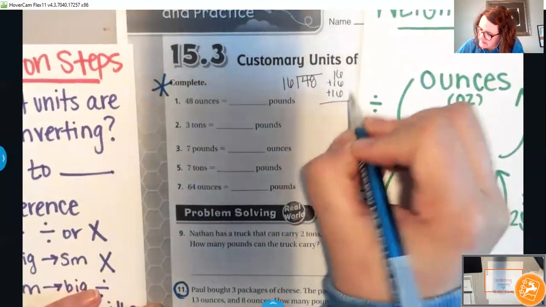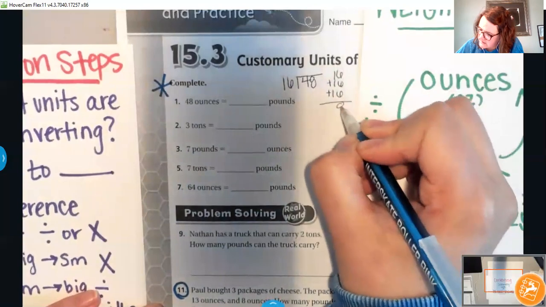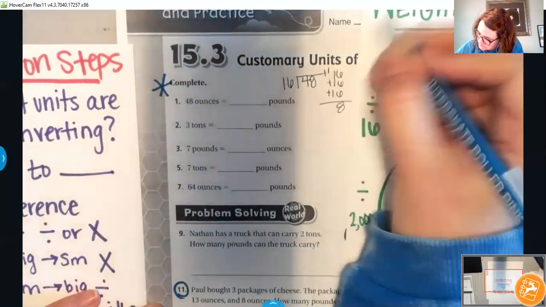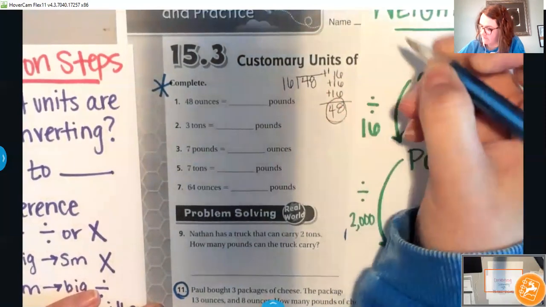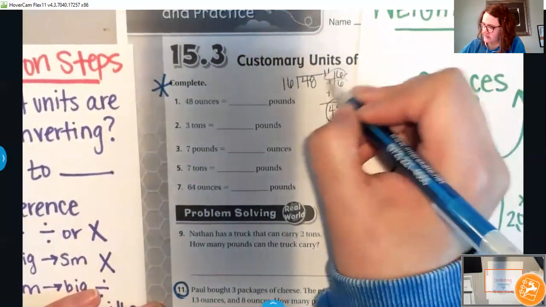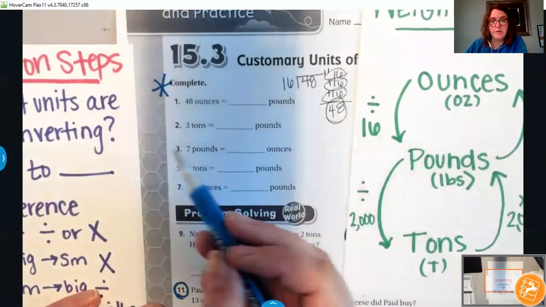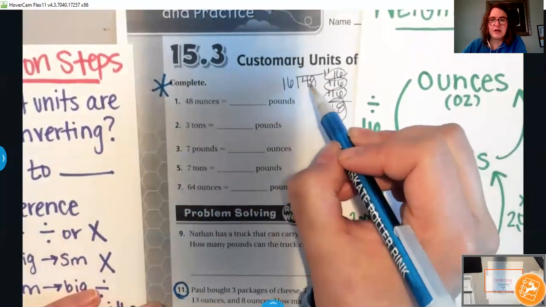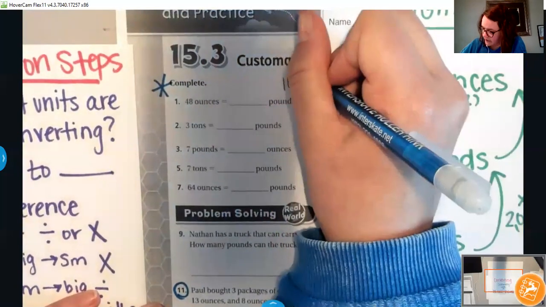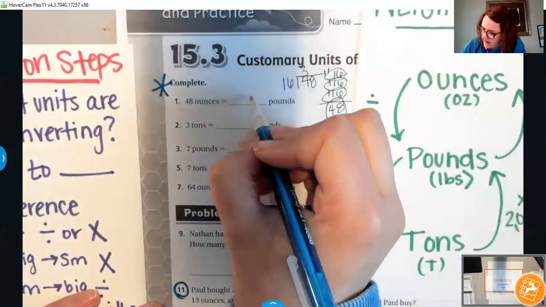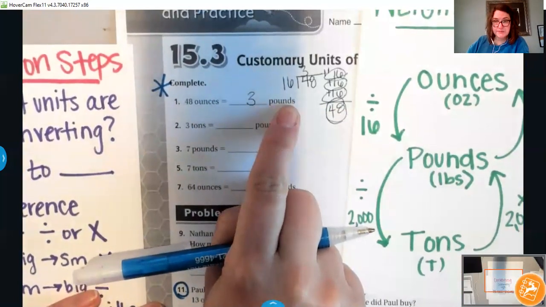Let's see where this gets us. 6, 12, 18... 1, 2, 3, 4. Sure enough, that is 48. And I took 16 three times. So 48 divided by 16 is 3. So 48 ounces equals 3 pounds.